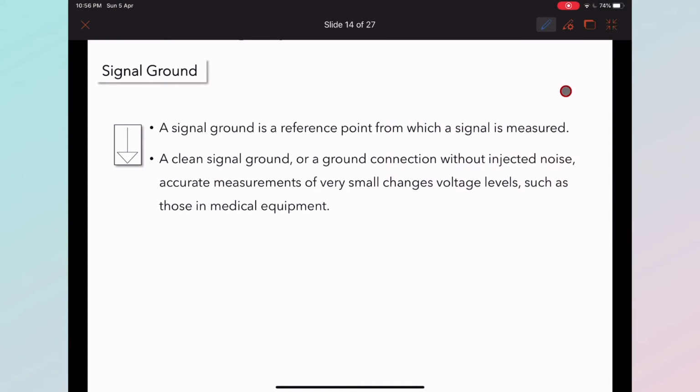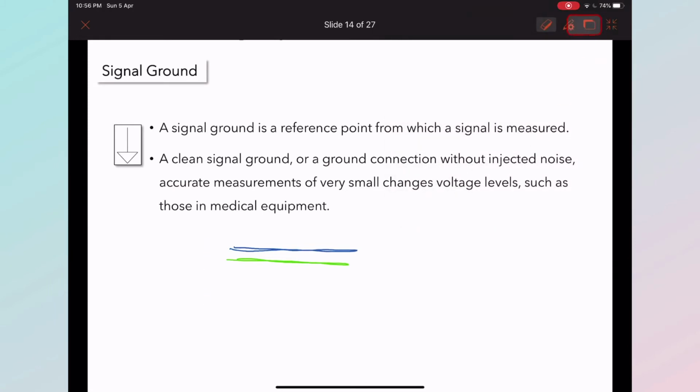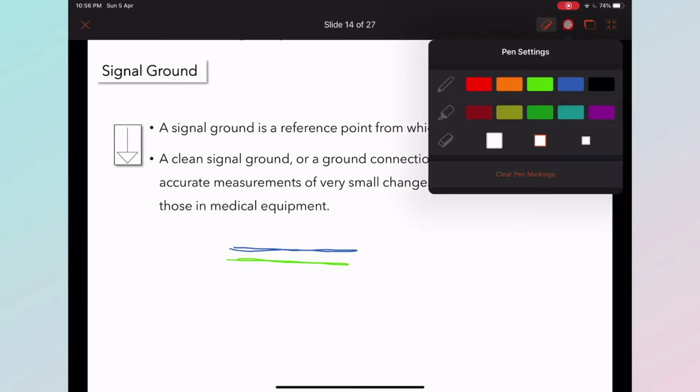We have a couple of signals running through. For example, this is one signal, and then there is another signal, this one. These are in our circuit, but how do we measure the level of these? We measure them by considering a reference.